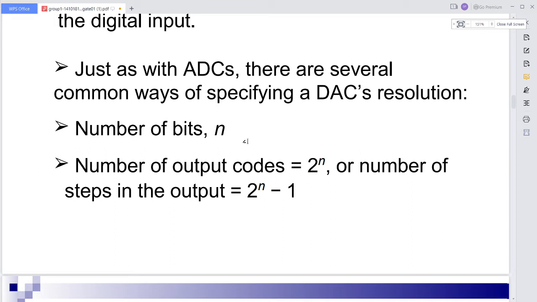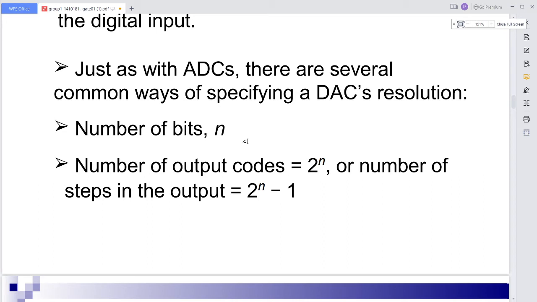For example, I have three bits, from 000 to 111. 000 to 111 means 8 combinations I can have, since 2 power 3 is equal to 8. If I give the input 000, I have to get one particular voltage as output. If I change the LSB from 0 to 1, then the next input combination will be 001. Then it has to give another output.